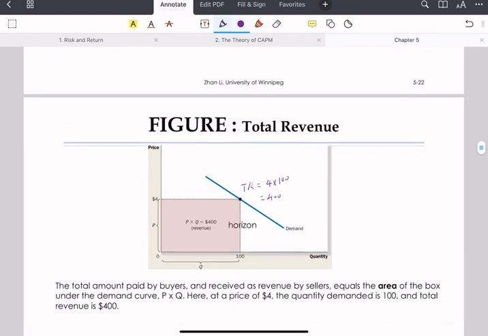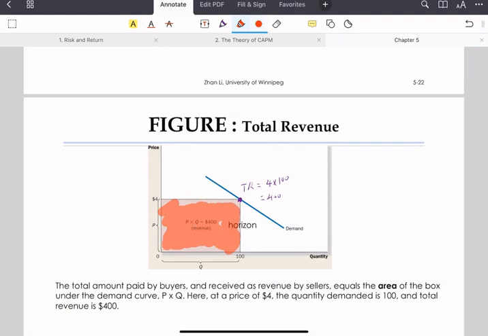And graphically, you can see that if you're given this point, right, the total revenue is essentially given by the area of this rectangle, right? So this area basically tells you what is the total revenue.